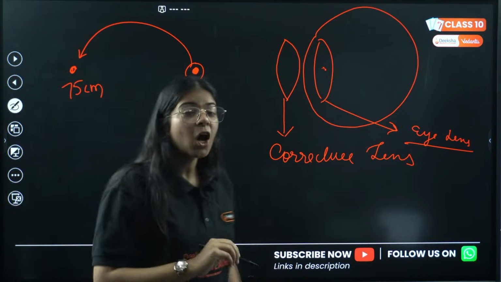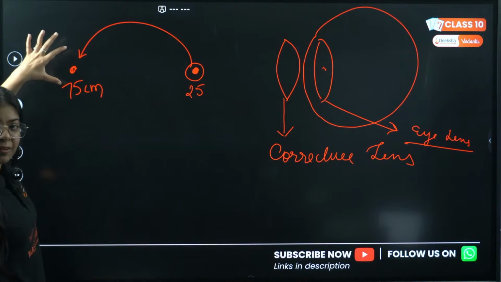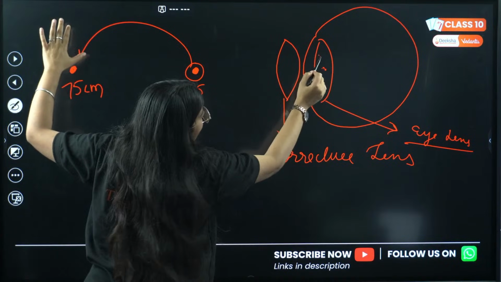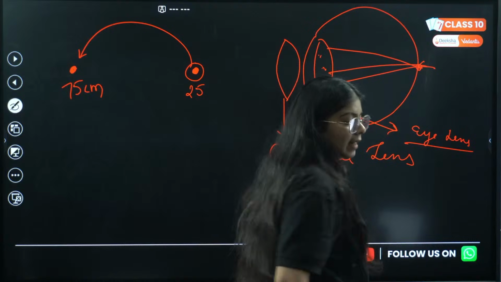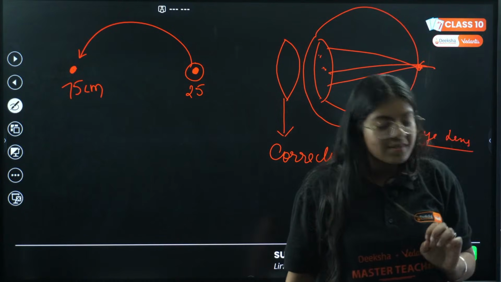Okay, now my eye lens can see this image clearly. Now the rays from this image will go into my eye lens and then it will focus the rays onto the retina and I'll see clearly. Okay, did you understand now, Sudarshan?